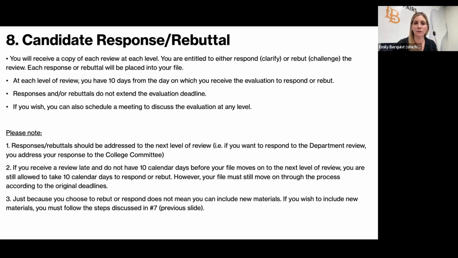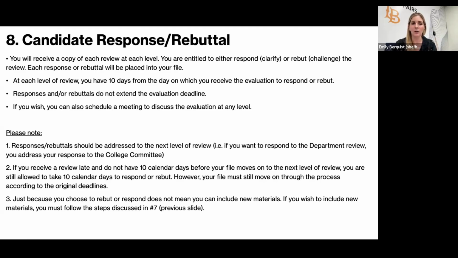At each level of review, you have 10 days from the day on which you receive the evaluation to respond or rebut to the review. If you respond or rebut, your evaluation deadline doesn't change. And if you wish, you always have the option to schedule a meeting to discuss the evaluation.